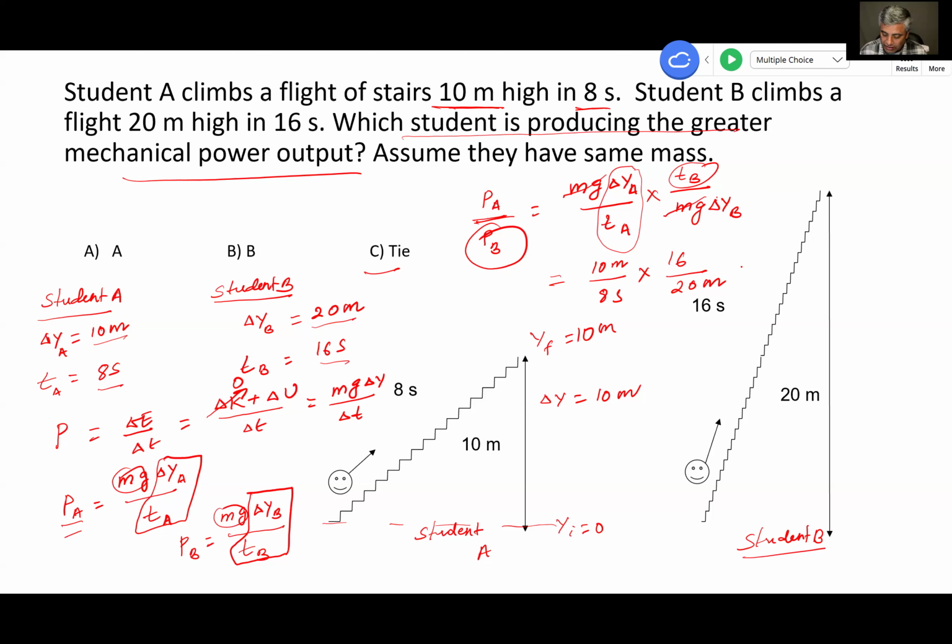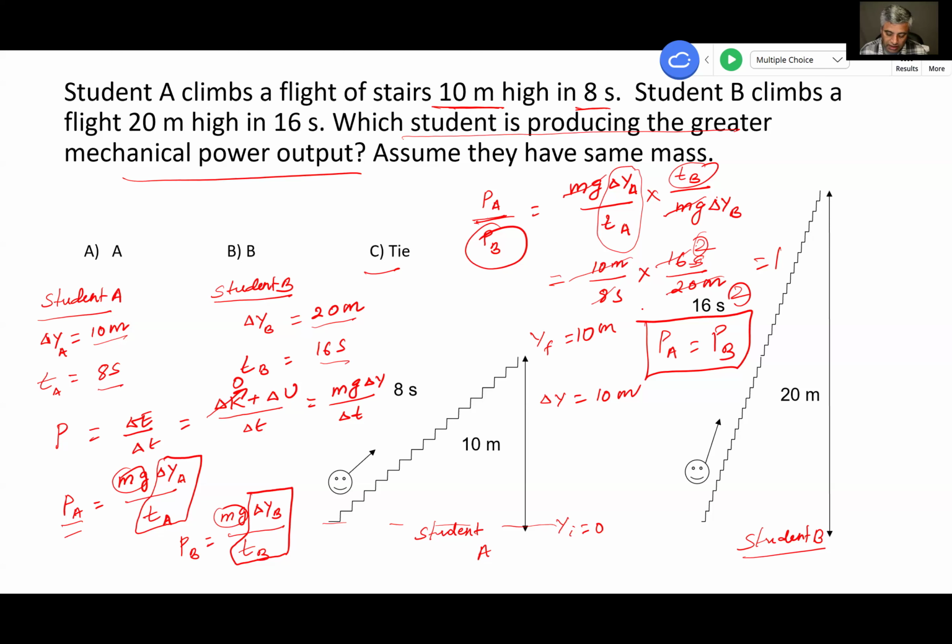So when I do that, what should I get? I should get 1. So is this 1? 10 times 2, 8 times 2 is 16. So this 2 and 2 cancel, giving me 1. So power of A is power of B, right?